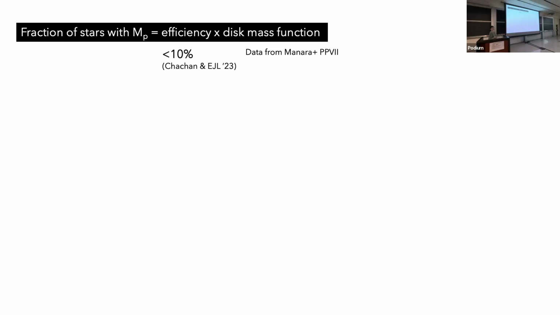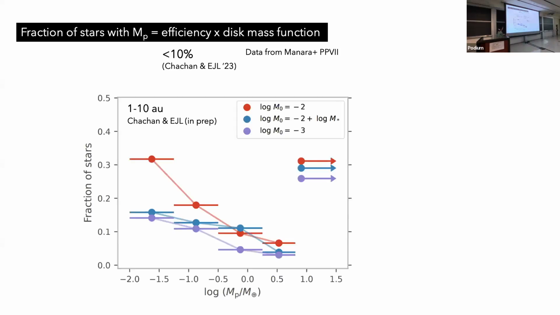So the efficiency can be calculated. It depends on the Stokes and alpha, but generally it's pretty low. It's less than 10%. The disk mass function, we already have the data for it. It's pretty bottom heavy, just FYI. And using that, this is the expected initial mass function of the initial protoplanetary systems.